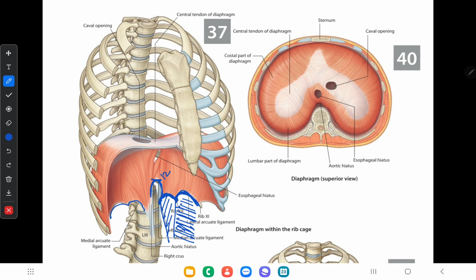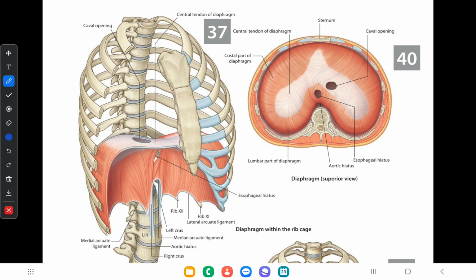So this is the fascia thickened in front of the quadratus lumborum muscle. It stretches from the transverse process of first lumbar vertebra to the 12th rib on each side. Here there is 12th rib. Here also 12th rib.